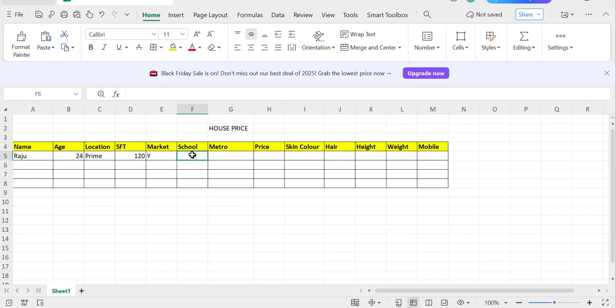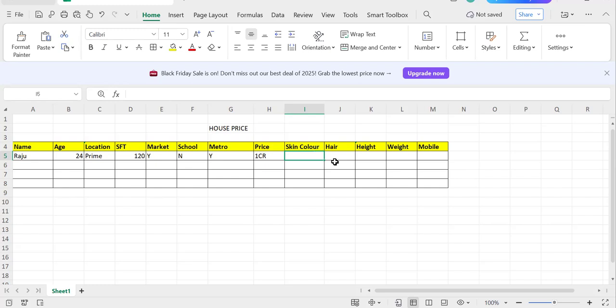School, let's suppose school is near. No, school is not near. Metro is near, yes, metro is near. Let's suppose the price of this house is 1 cr.